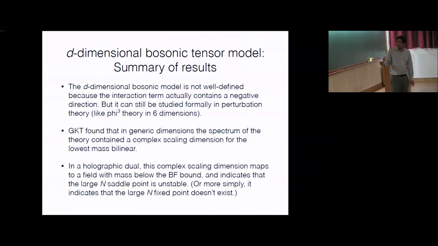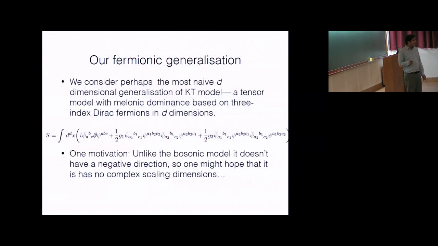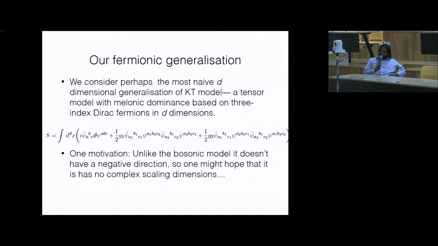At first you would find this just by solving these large N Schwinger-Dyson equations, which I'll describe, and then you can do a more precise finite N renormalization, or even a large N renormalization, and see that there's no fixed point. Is the solution from a 1-loop beta function? You have to do at least 2 loops because of the nature of the diagrams. But they're all melonic.